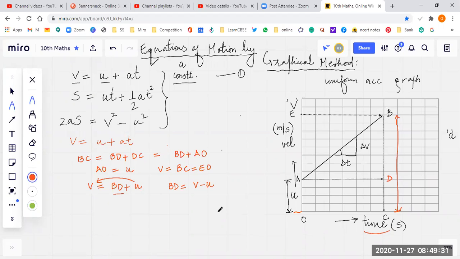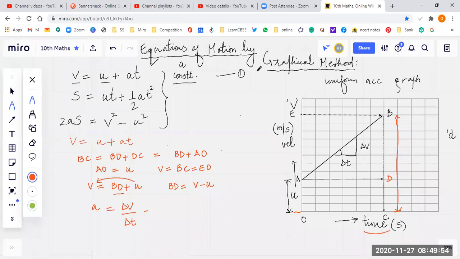Now from this velocity-time graph, students, tell me, in the previous graphs how were we calculating acceleration A? Acceleration is, you remember, change in velocity divided by time interval.